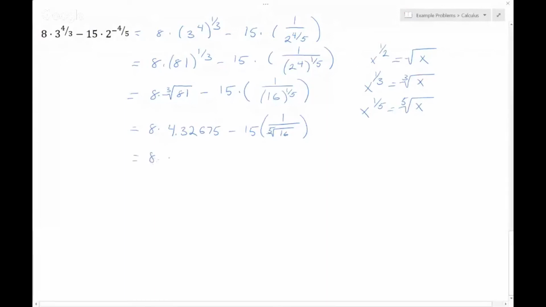Here we end up with 8 times 4.32675 minus 15 times 1 divided by 1.7411.